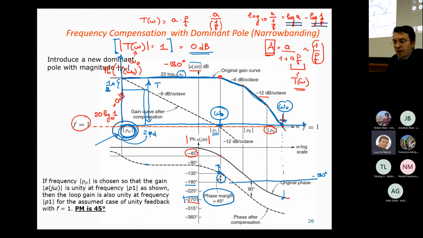This means this is valid through all this line, up to this point. In this point here, we have that the product is A null times PD. In this point here, the product is equal to 1 times P1.